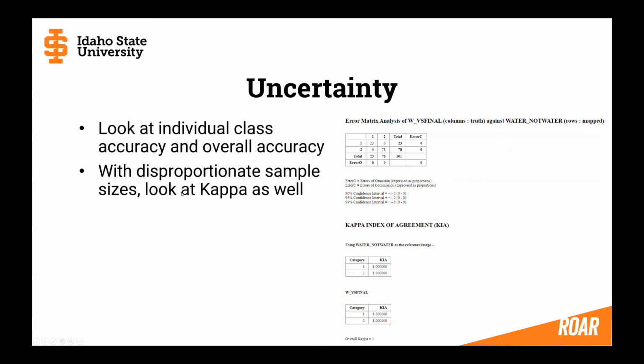In this case especially, we want to look at kappa, because kappa does an adjustment for disproportionate sample sizes. And again, it did such a wonderful job that we got a score of 1.0, right? That's as good as you can get. In other words, that's telling us that our classification performed 100% better than a chance random classification would ever do. So that looks real good.